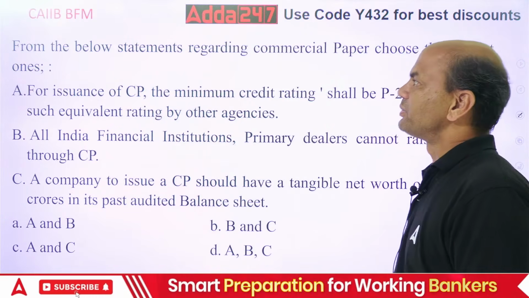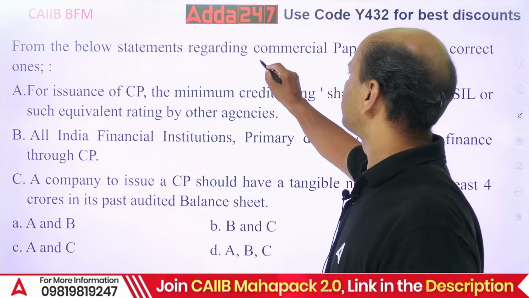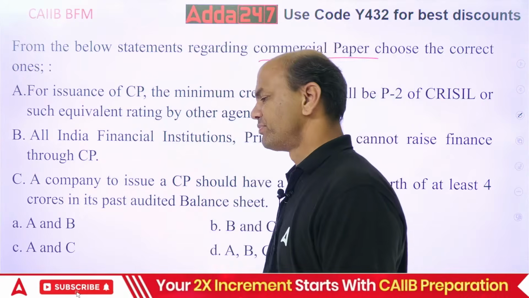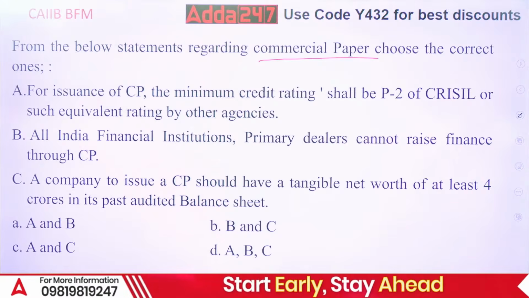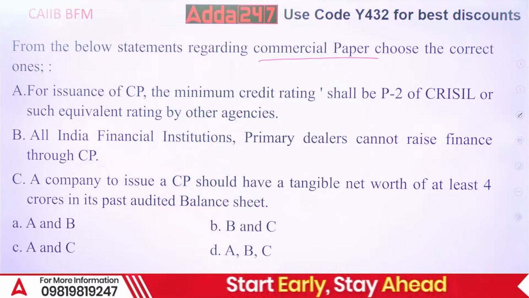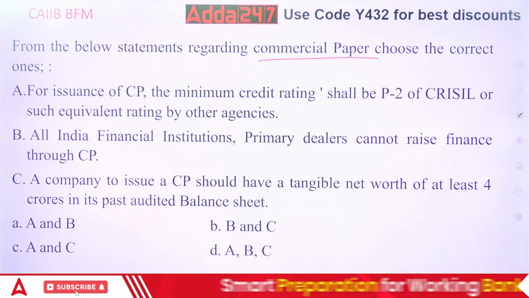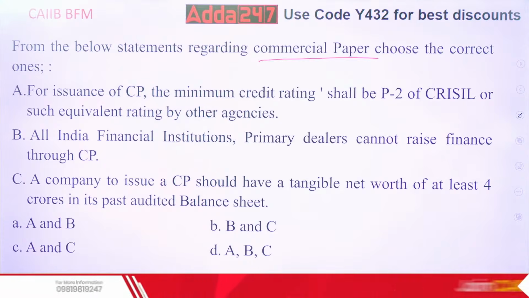From the below statements regarding commercial paper, choose the correct ones. For issuance of a CP, credit rating shall be P2 of CRISIL or such equivalent rating by other agencies.